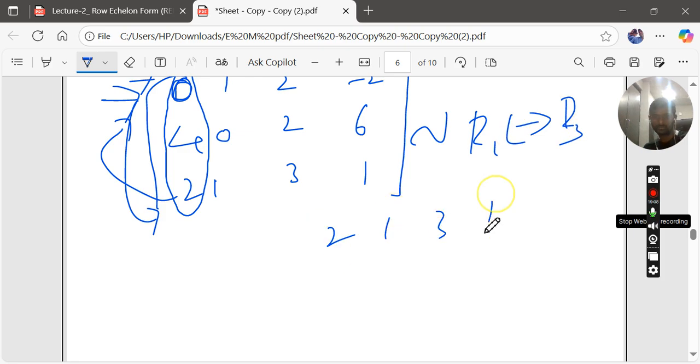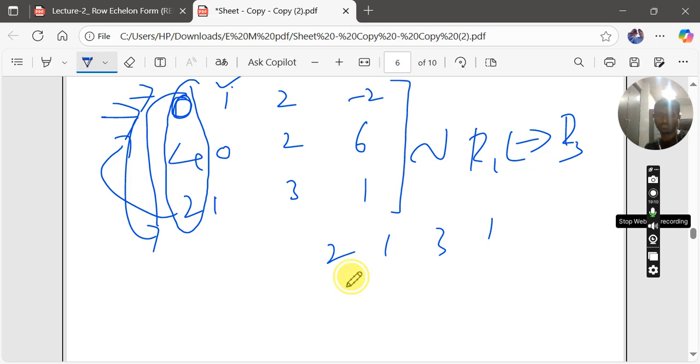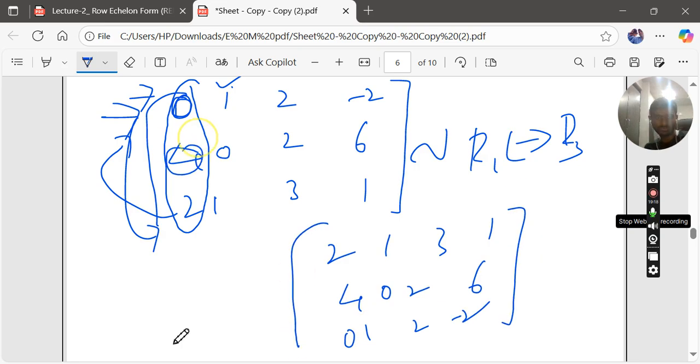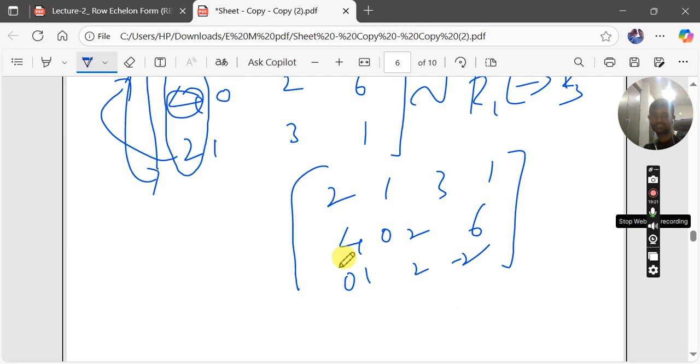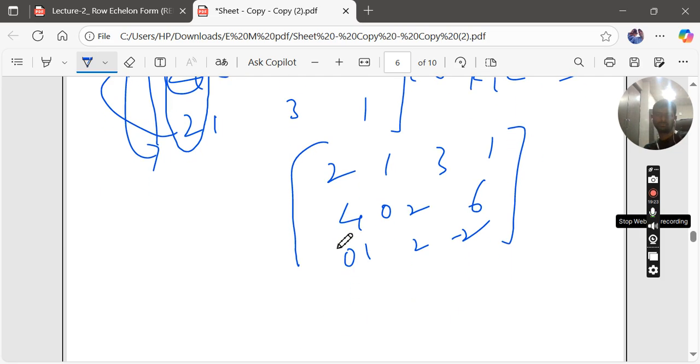So 2 1 3 1, 4 0 2 6, and 0 1 2 minus 2. If there are two zeros, then we can do those things. Now how will you get 1 here? Of course you will get fractions.